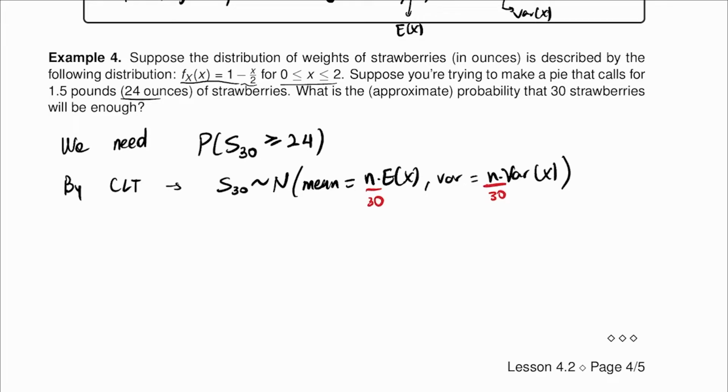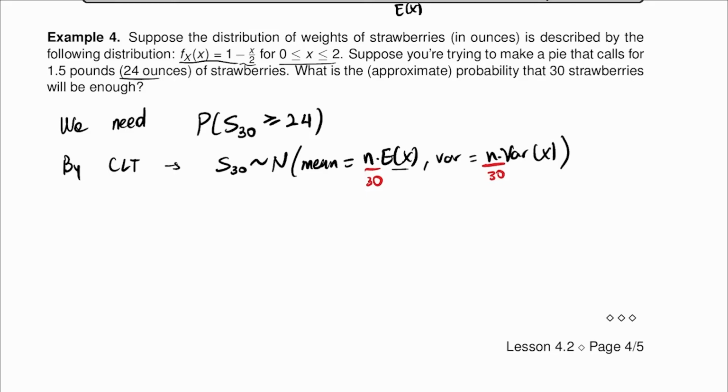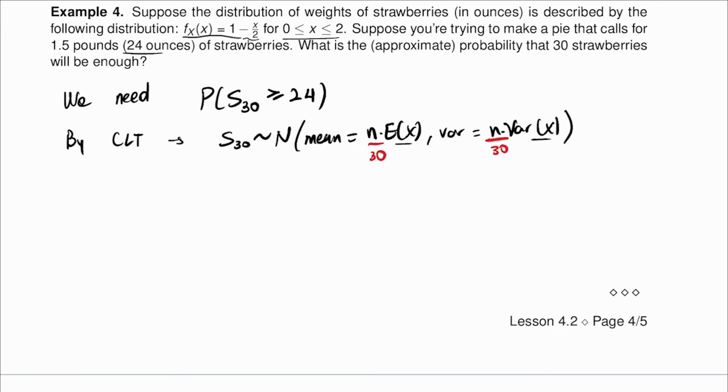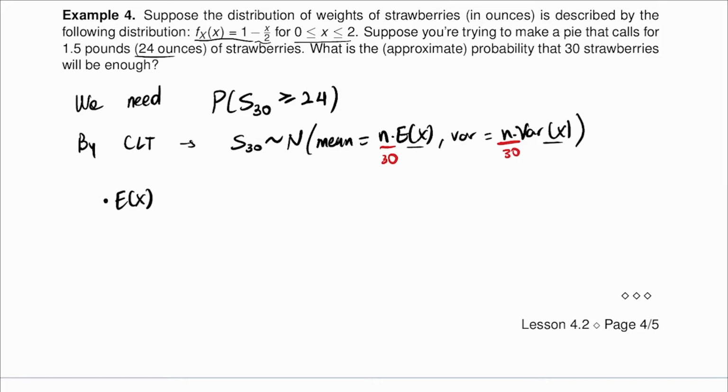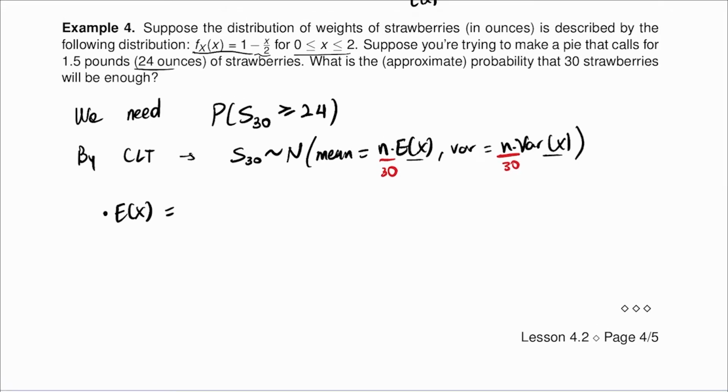We just need to calculate the expected value and the variance to know the distribution of this sample sum random variable. The expected value of x, in this case, we have this PDF, so the expected value is the integral from 0 to 2 of x times the PDF, that is 1 minus x over 2. If we calculate that, this is 2 over 3.